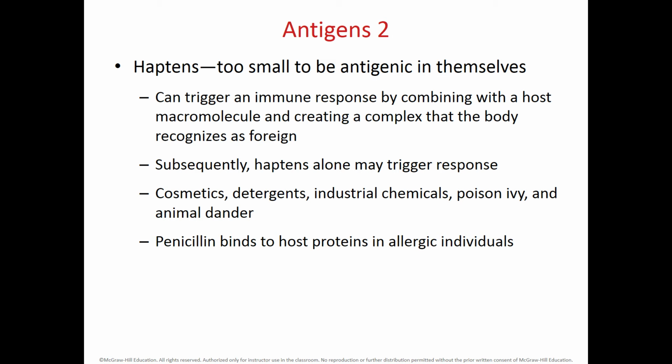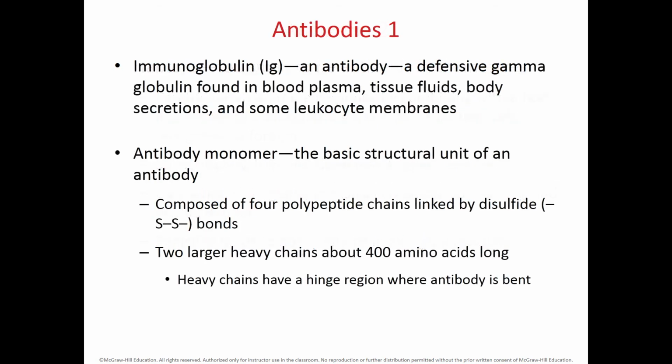Penicillin can also be a hapten. Penicillin itself will not produce an immunological response, but only when it binds to host proteins does it produce the allergic response to penicillin.